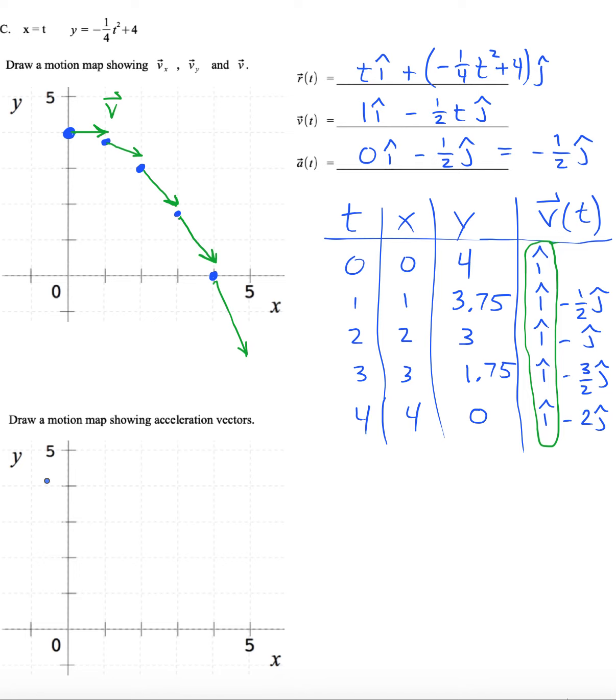All right, what I'd like to do next is let's draw the components Vx and Vy. Now, Vx is, of course, the first component here, and Vy is going to be the vertical component. Now, the horizontal component doesn't change. It's just always to the right.